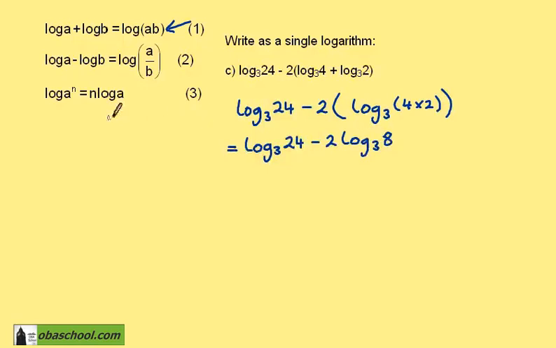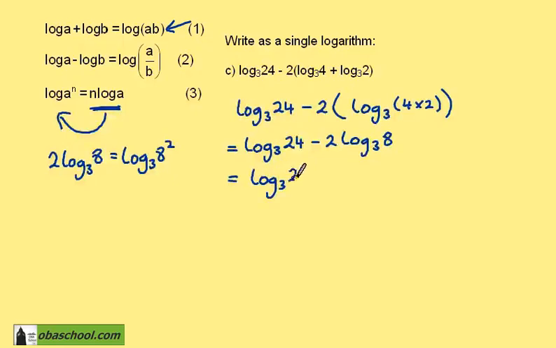Using the third law on this one, we can see that 2 log to the base 3 of 8 will become log to the base 3 of 8 squared. So we have log to the base 3 of 24 take away log to the base 3 of 64.